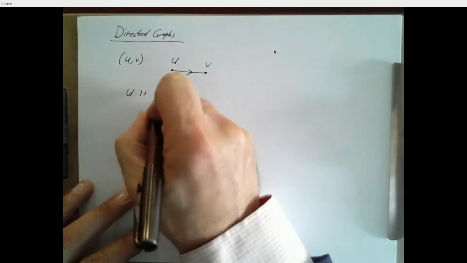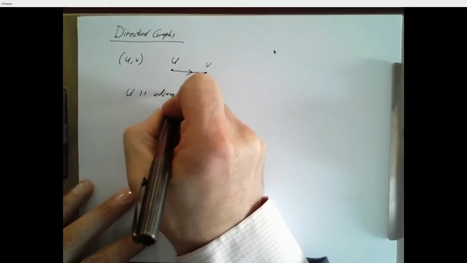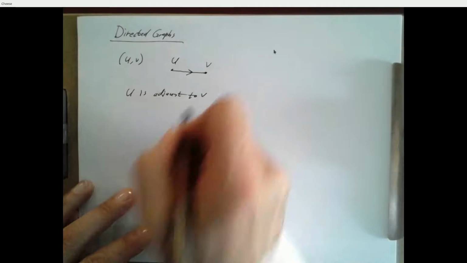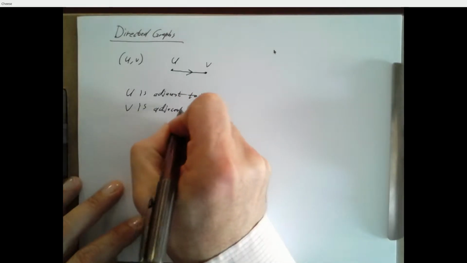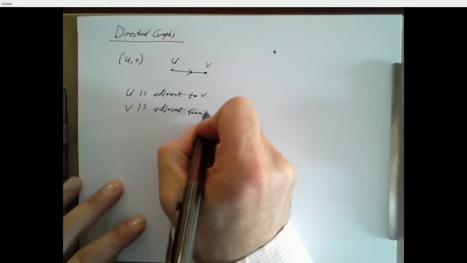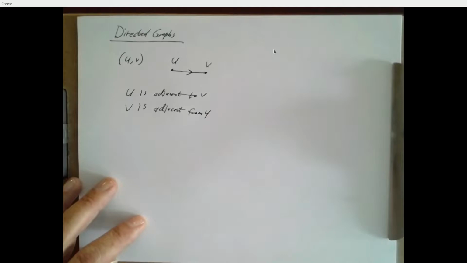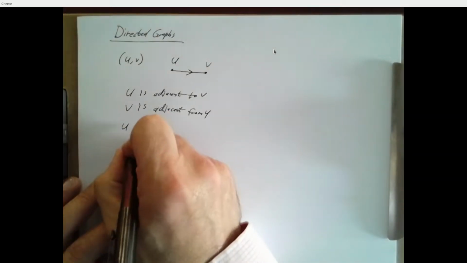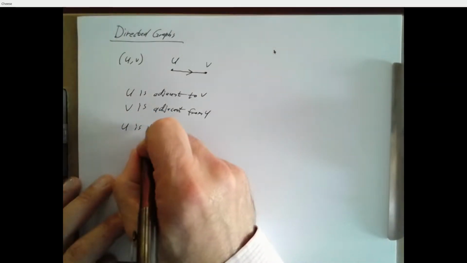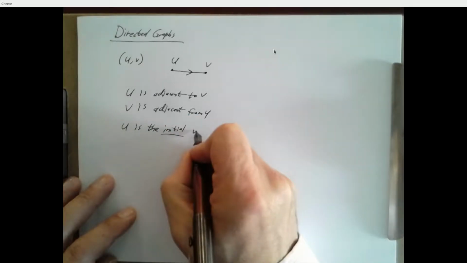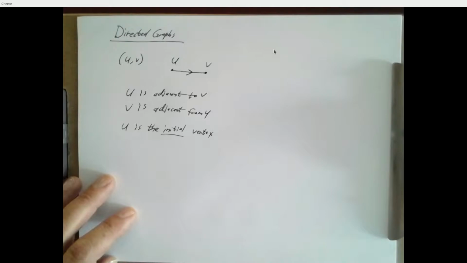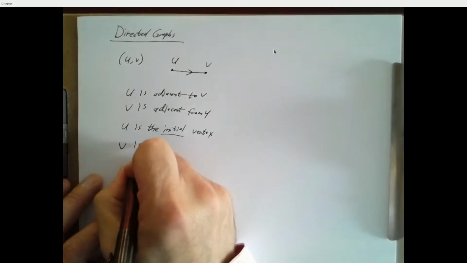U is adjacent to V. V is adjacent from U. U is the initial vertex. And V is the terminal vertex.